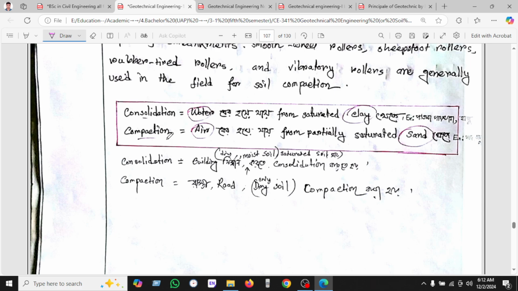Consolidation means water will come out from saturated clay, and compaction means air will come out from partially saturated sand. So this is the difference between consolidation and compaction.